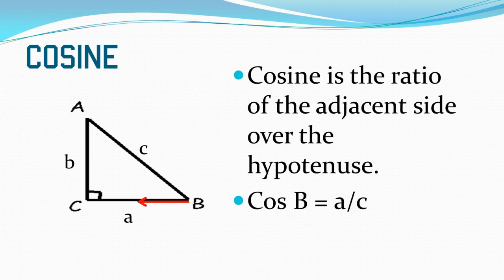It's the longest side and it's always directly across from the 90-degree angle. So in this case, the adjacent side is A. The hypotenuse is C. So the cosine of B is equal to side A divided by side C. Cosine of angle A would be B divided by C. Side B is adjacent to angle A, and C is still the hypotenuse.